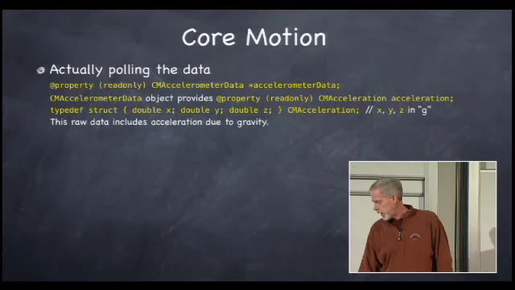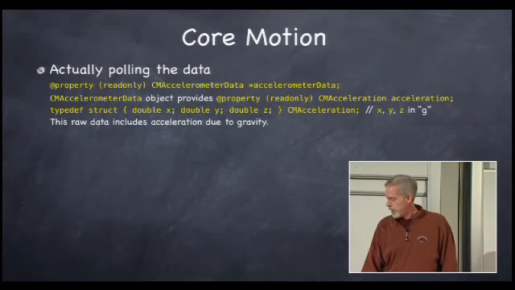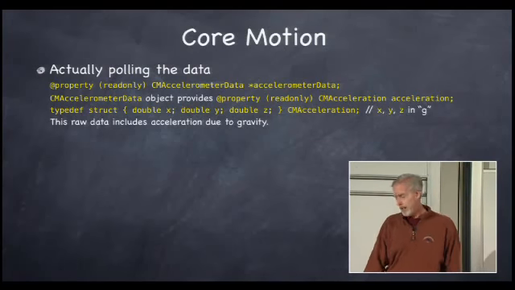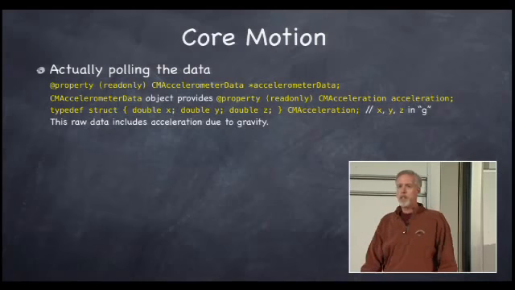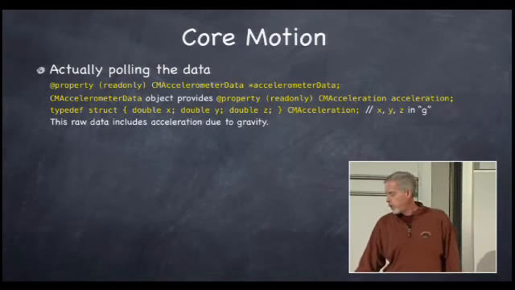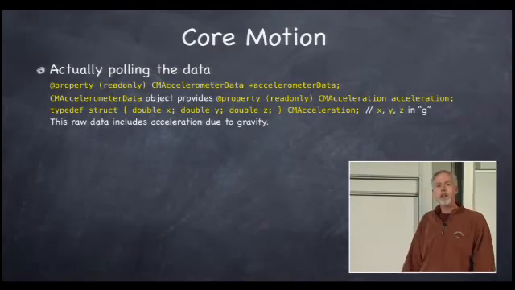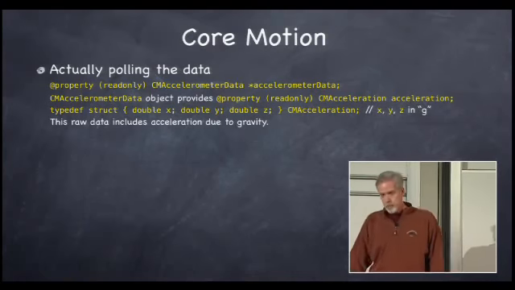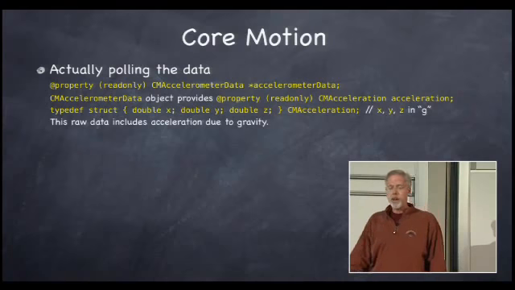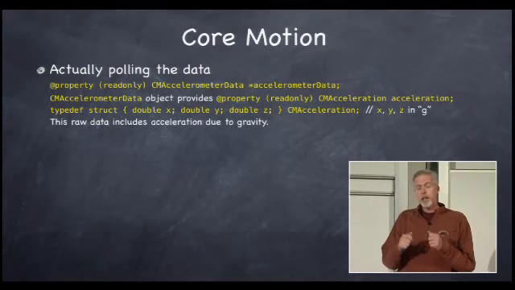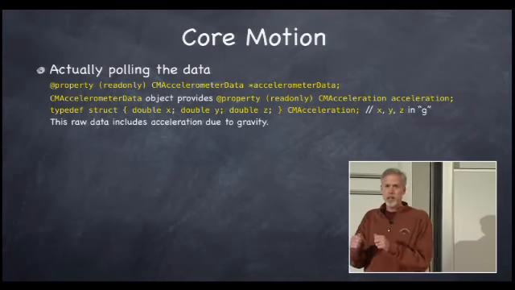Now the reality is the surface is not perfectly even, so you'll get z is 0.98, and for the other two you're getting a little bit of acceleration due to gravity. And of course if you start shaking it, if you jerk it to the left, you're going to get a big acceleration in the x, or up, down, or whatever. So you can get these big spikes because it's an instantaneous measure of acceleration.